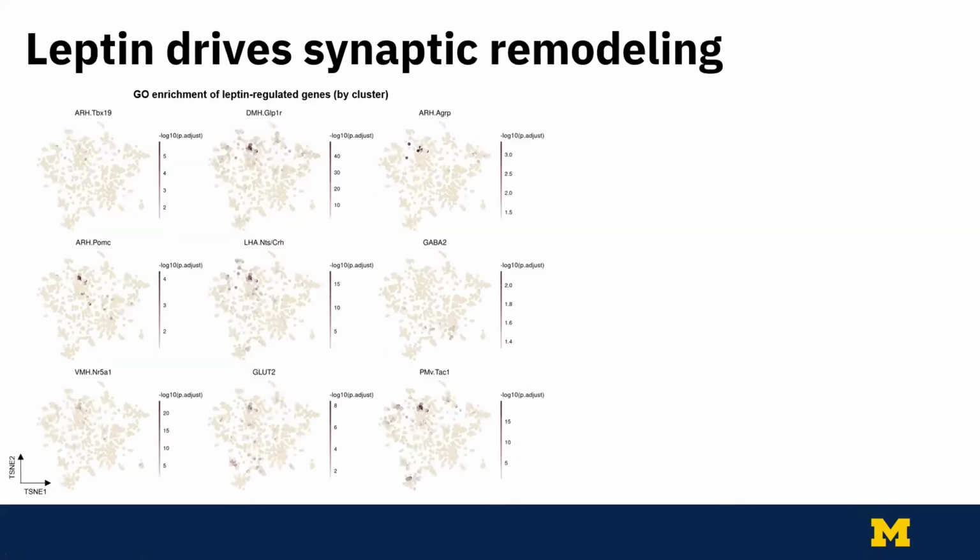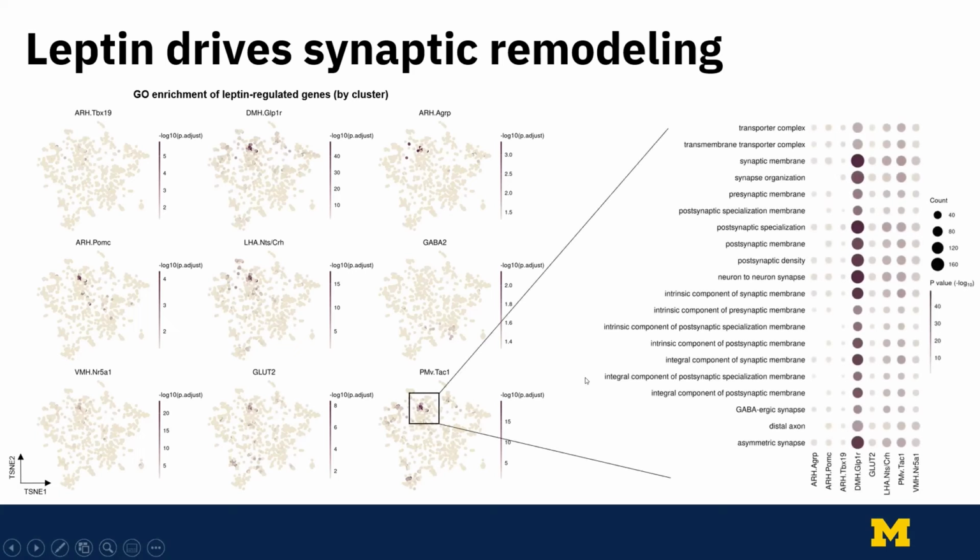But what is leptin doing was our next question. So we took the regulated genes and ran them through gene ontology analysis to look for enriched terms. I'm showing you here a plot of all the regulated terms with their associated p-value across all populations. What you'll probably notice is that there's this little chunk in here that is consistently regulated in every single cluster that we looked at.